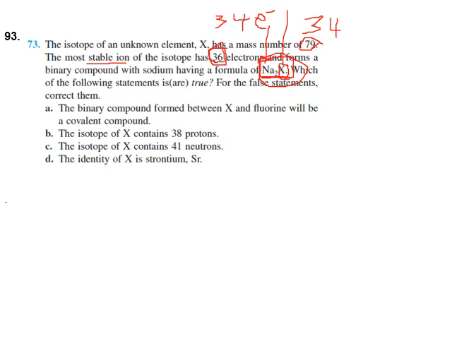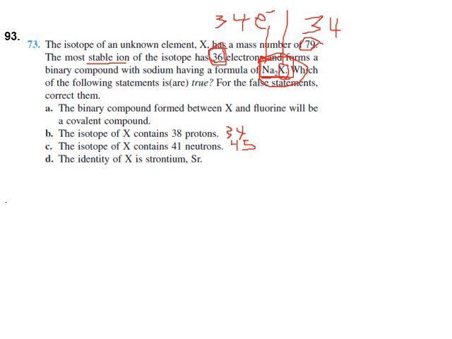Just subtract 34 protons from a total of 79, and you get 45 neutrons. So let's come down here to C and write that there are supposed to be 45 neutrons. And 34 protons, right? If you add 34 and 45, you get 79, which is what we want.